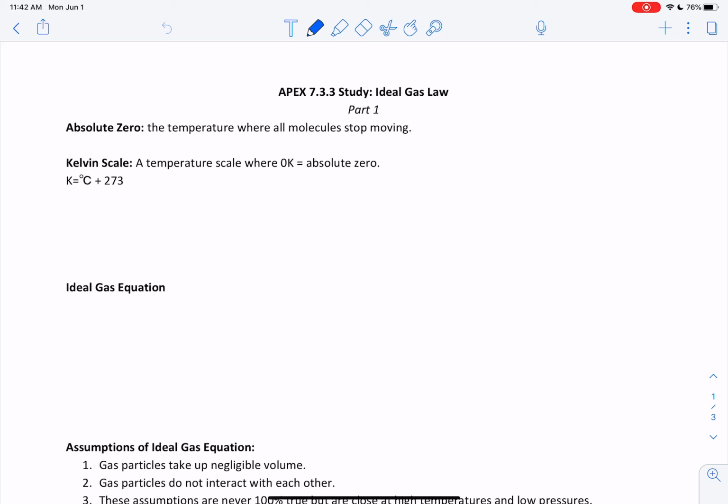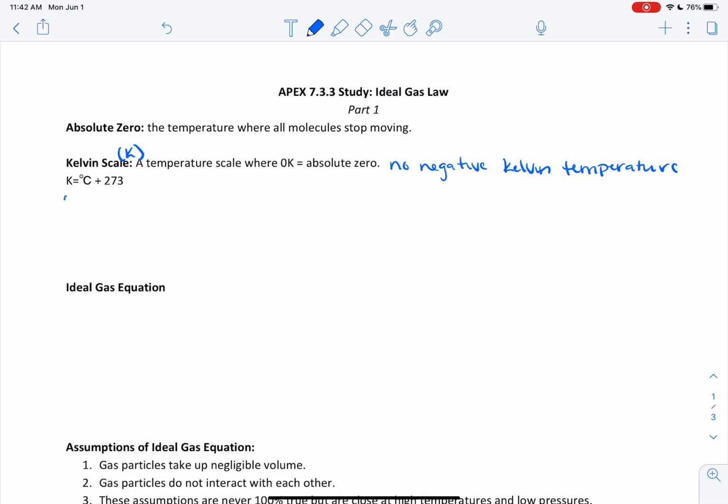So that means there's never a negative Kelvin. Kelvin is abbreviated with a K. There's no degrees sign. And how it's defined is Kelvin is equal to degrees Celsius plus 273.